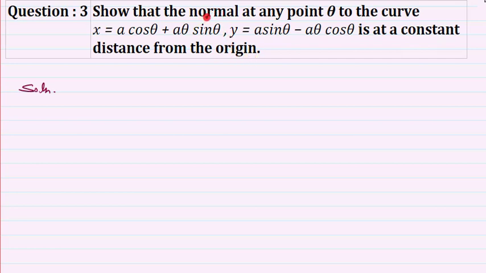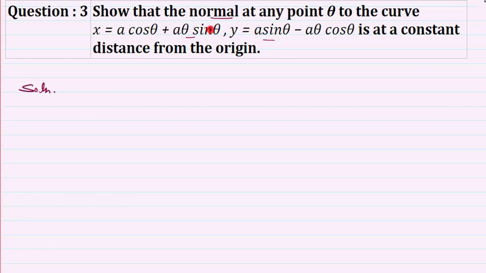So the very first thing is very simple. Here we need to calculate the equation of the normal to the given curve, and the curve is given in the form of a parametric function, and you know very well how to calculate dy upon dx in the case of a parametric function.